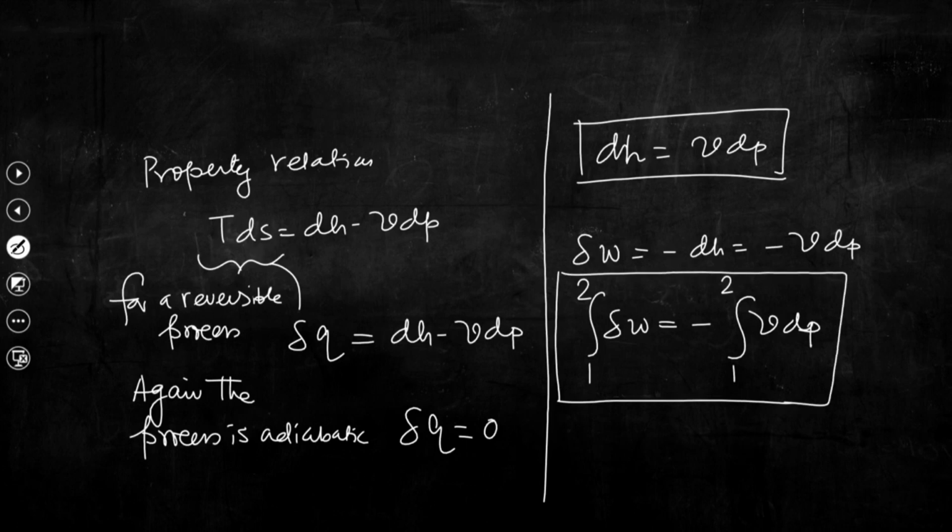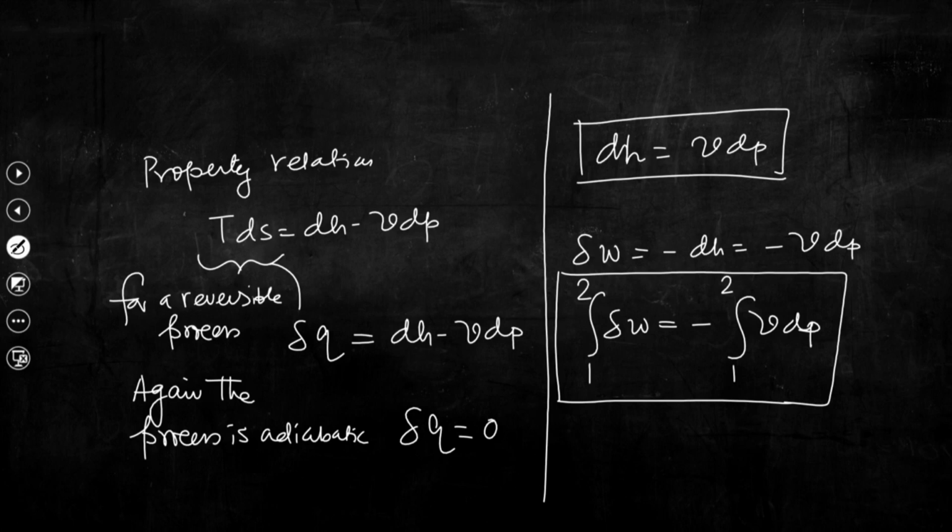So, this much amount of work should be extracted from the turbine work output. As we have discussed in the last class, a significant part of the work output will be consumed by the compressor itself for its operation, and hence the efficiency of gas turbine units is very small.